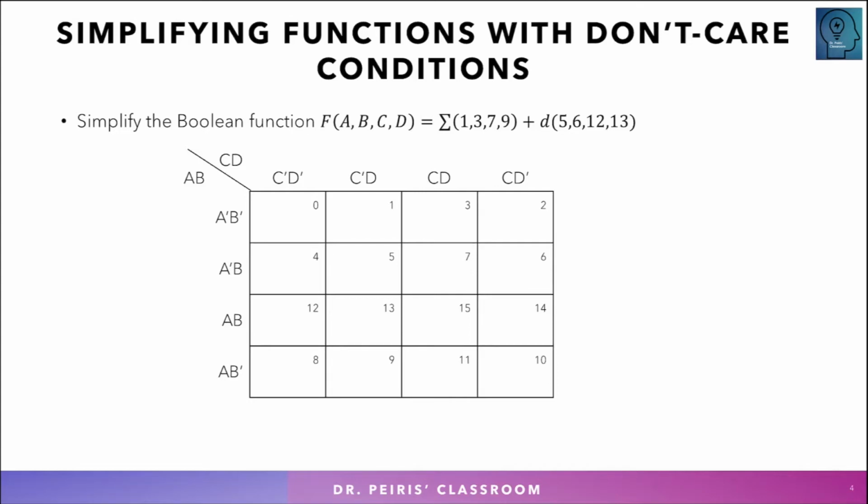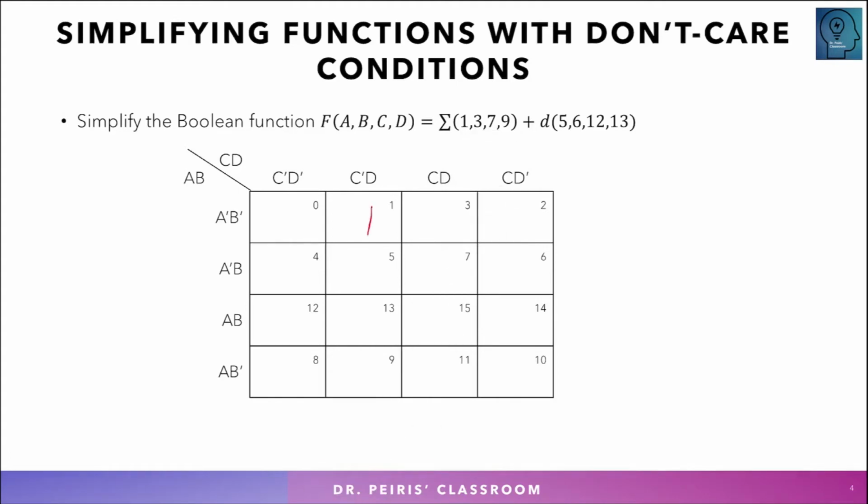So we're going to simplify this Boolean function. This is a 4 variable Boolean function, so we need the 4 variable K-map, and it is defined like this. These are the minterms and here are the don't cares. The minterms we mark with 1 and the don't cares with a cross. Where are the minterms? 1, 3, 7, 9.